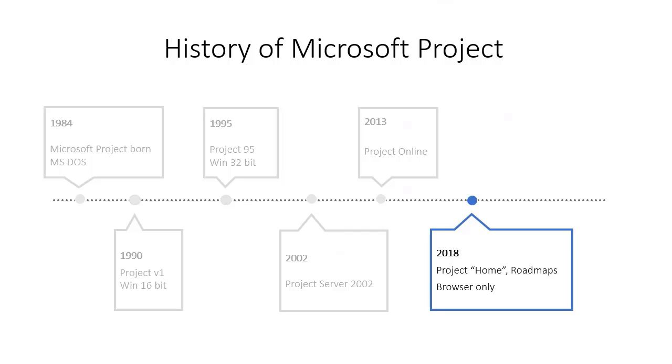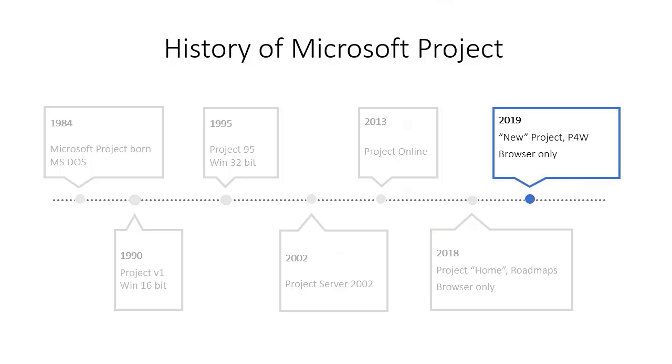And back in 2018, a couple of years ago, Microsoft came out with something called Project Home and Roadmaps. The important thing about both of those applications is they are modern browser-only based applications. Everything up to that point had a full fat Windows client, what we used to call Microsoft Project, that got installed on the desktop.